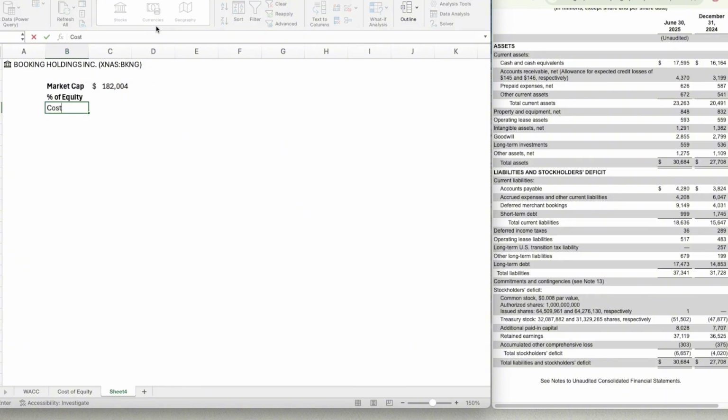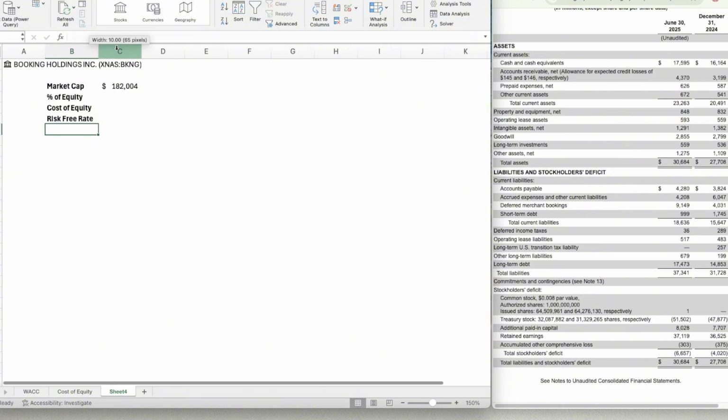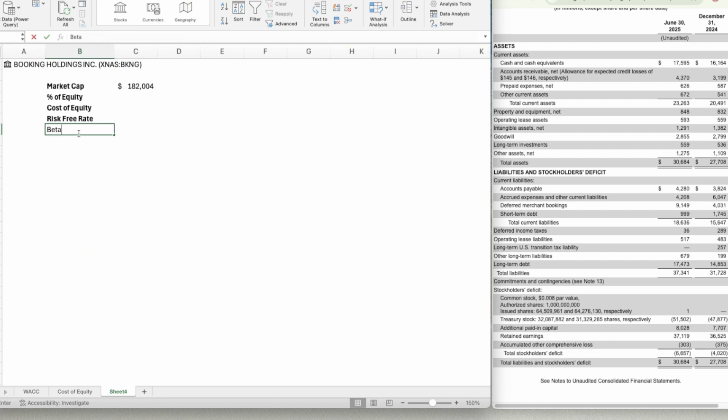Then we have cost of equity, and we'll put the components for the cost of equity here. We'll make this column a bit bigger so that we have a bit of space. Then we have the beta, then we have the equity risk premium.